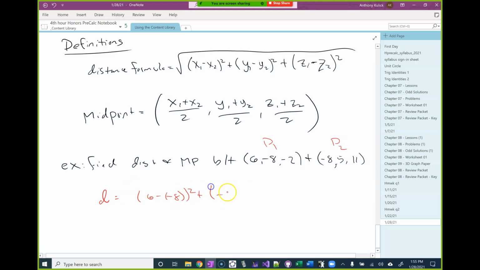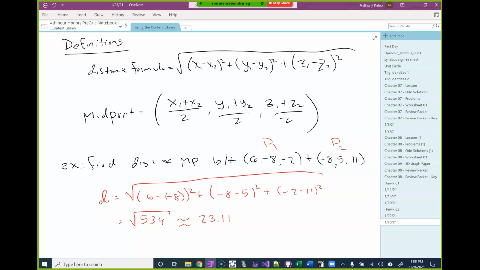So doing the distance formula, and when I type all those little quantities in my calculator and add them up, I get the square root of 534, which is about 21.1, depending on if the answer is asking to round or leave it exact. I don't know, tomato, tomato.